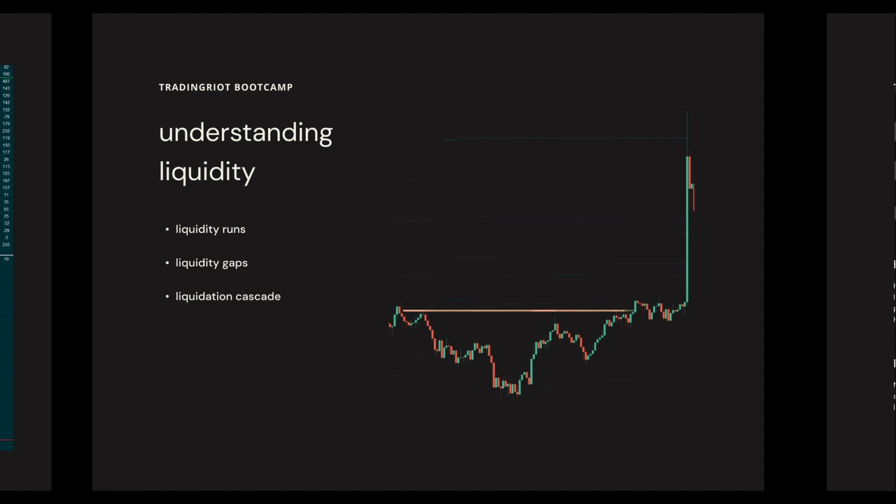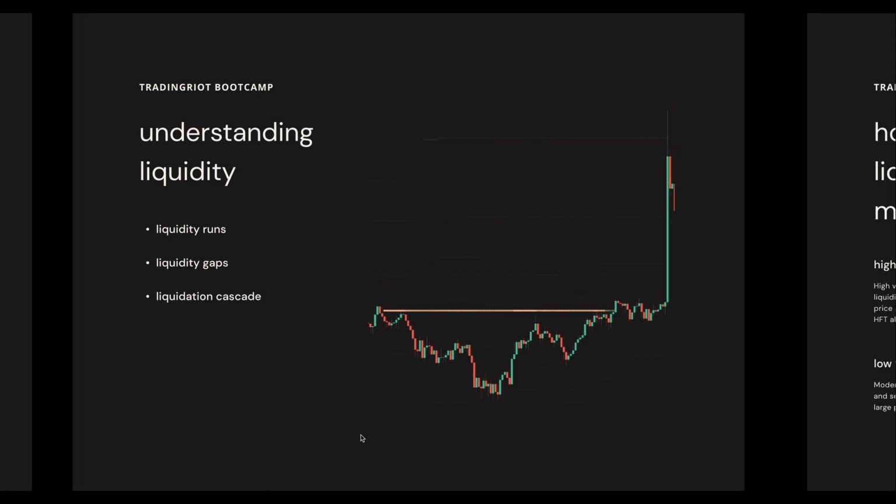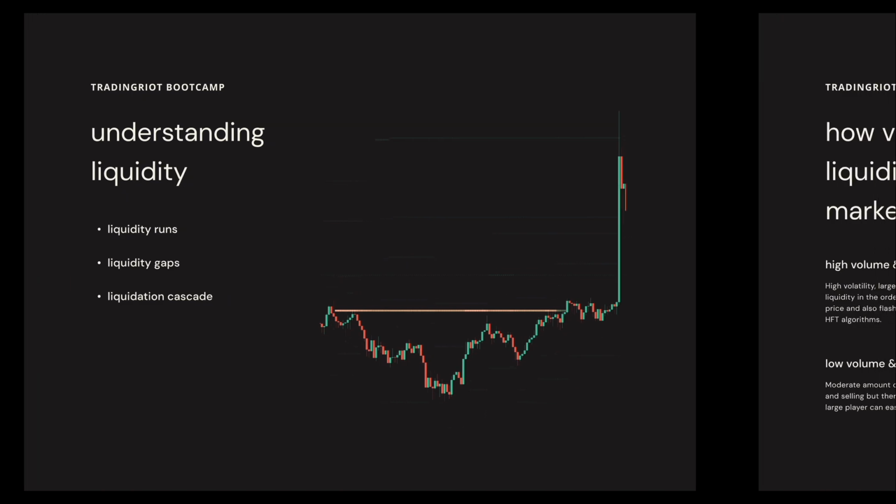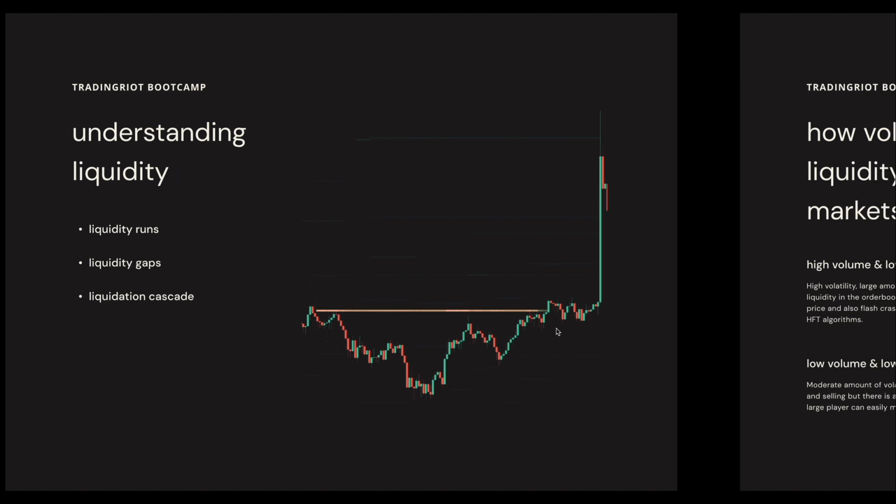So there are different types of gaps and different kind of situations where these happen. The most popular one are the common gaps, which happen when the market is consolidating in a tight range.